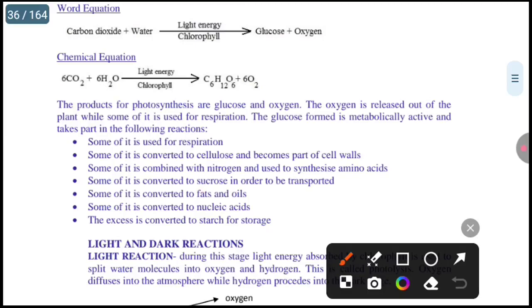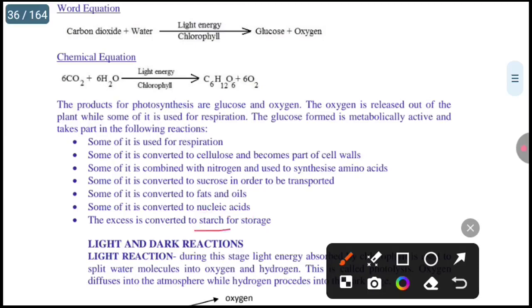Some of it is converted to fats and oils. Some is converted to nucleic acids. The excess is converted to starch for storage.